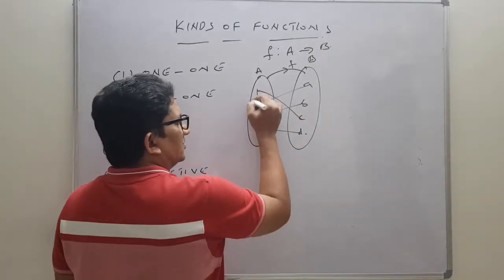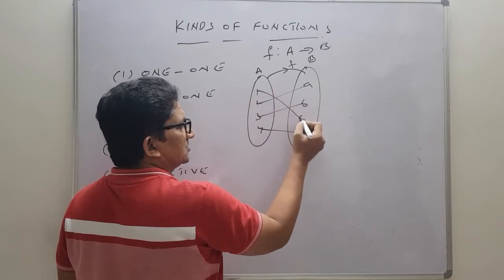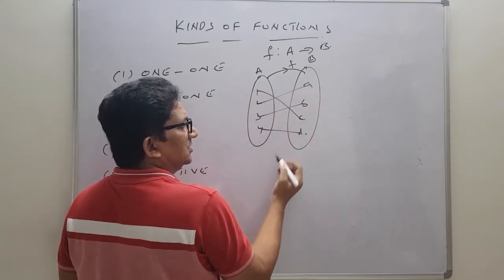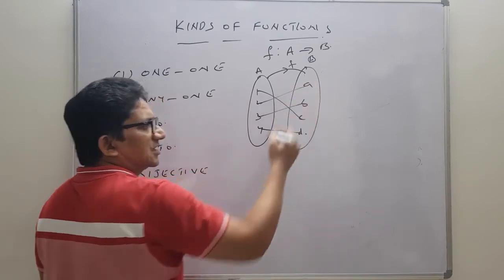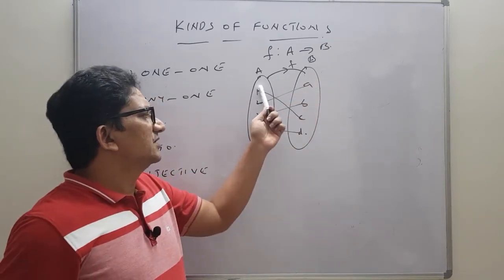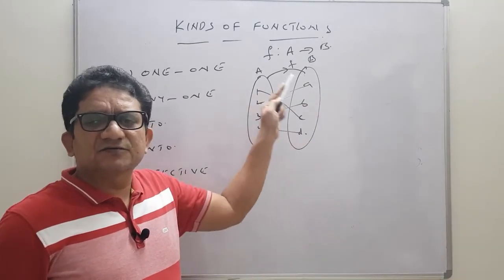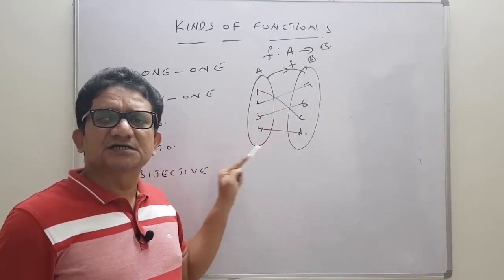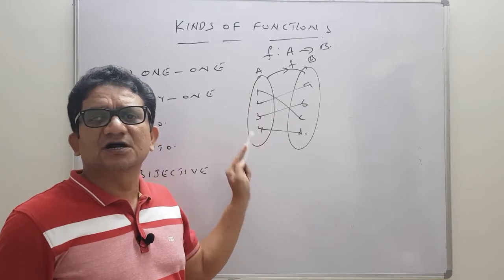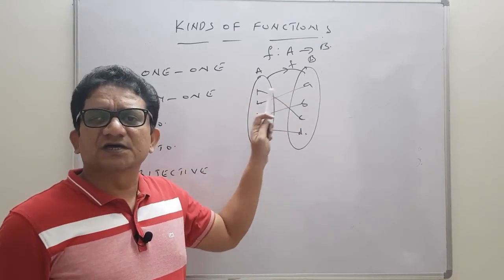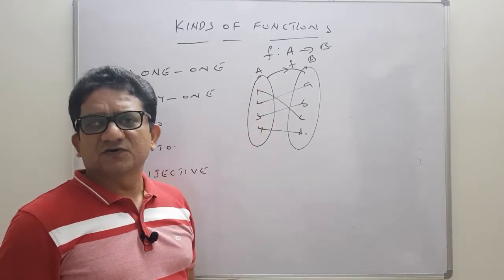So here 1, 2, 3, 4 are there. 1 is associated with C, 2 with A, 3 with B, and 4 with D. A, B, C, D are called images of the elements 1, 2, 3, 4 respectively. And the set of all the images is called the range of the function. That's why range is always a subset of codomain.